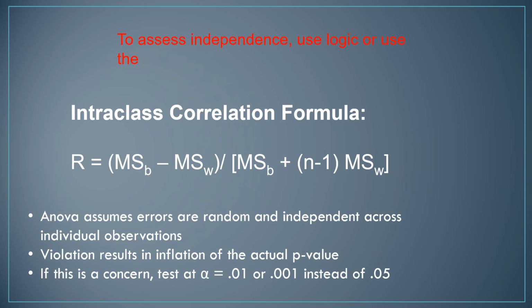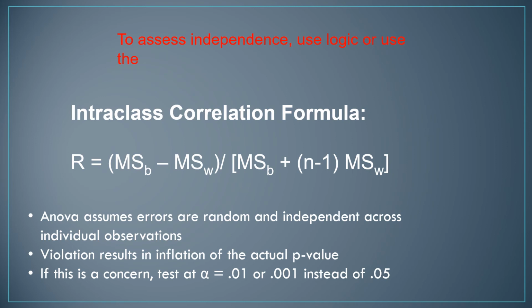To really assess the independence of errors for an ANOVA analysis, you could use just logic in understanding what the groups are and why one particular group may have more error or an inflated error over another. Or you could use the interclass correlation formula. And this interclass correlation formula really looks to see if being in a particular group changes or inflates the error that is assumed with each individual.